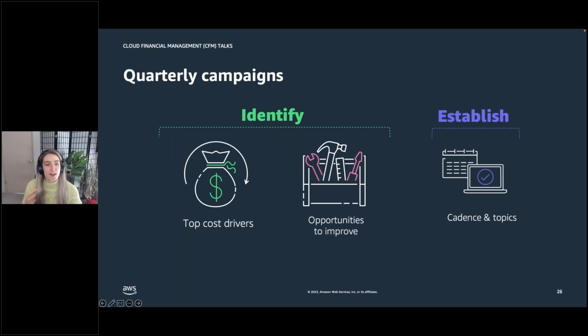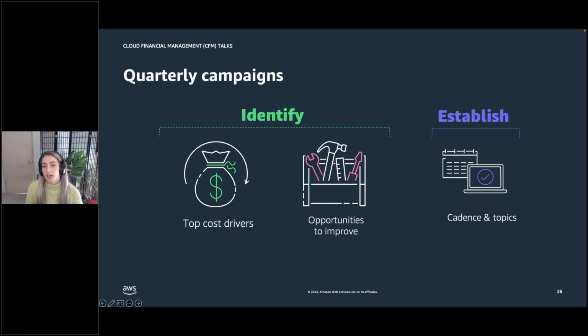So another hybrid almost of the last two is a quarterly campaign, or possibly a monthly campaign, depending on the cadences that are built into your business in general. In this case, what we're talking about when we say quarterly campaign is identifying a couple of topics that you want to focus on throughout the year and then dedicating time to those topics specifically.